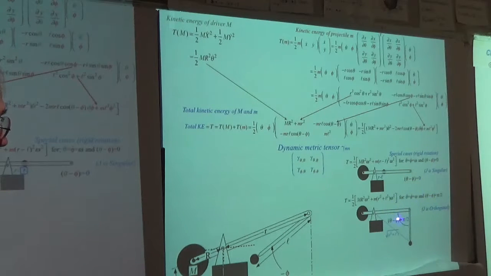And then when they're orthogonal, theta minus phi equals pi over 2. Okay, with a pi over 2 on the cosine right there. That's when cosine is 1, so you get this binomial thing, which is R squared plus L squared times the angular velocity that's going on with these two.